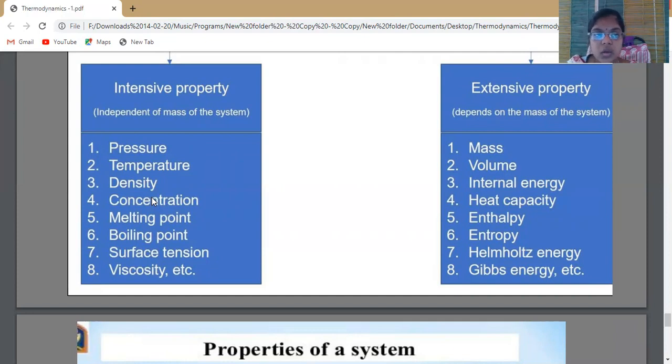Then we can measure the temperature with the help of a thermometer. The temperature is the same, 100 degrees centigrade. Here you can observe one thing: the mass changes, but the temperature is constant. That is nothing but an intensive property.